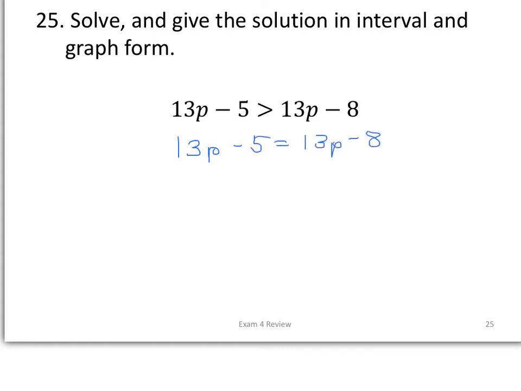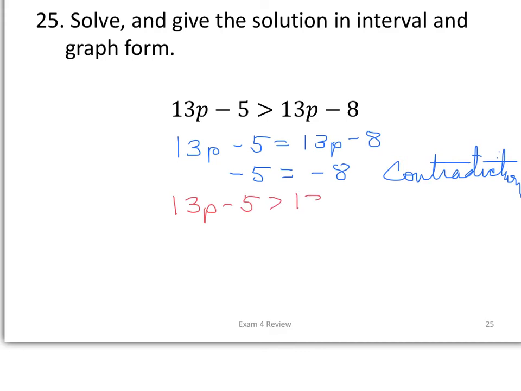And if we subtract 13p from both sides, we would get minus 5 equals minus 8, and that's not true, so that's a contradiction. But it's not an equation, it's an inequality, and so something else is going to happen. So here we have 13p minus 5 is greater than 13p minus 8.